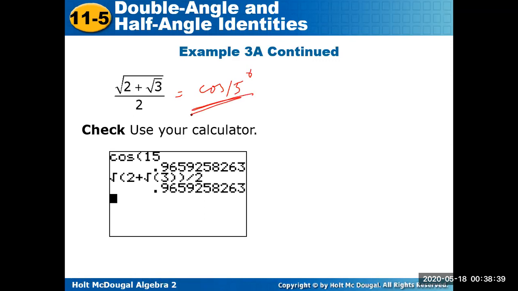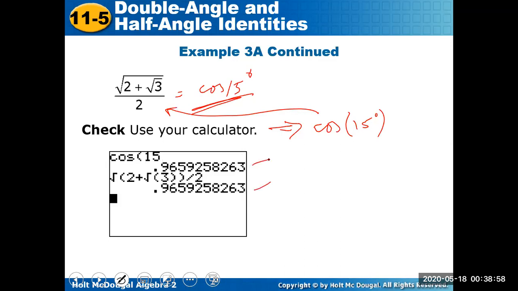Then you can check using your calculator. Input the value cosine 15 in your calculator and check if you get the same value as the one you got here. So you will get that it's the same.